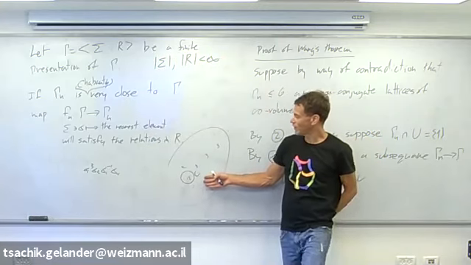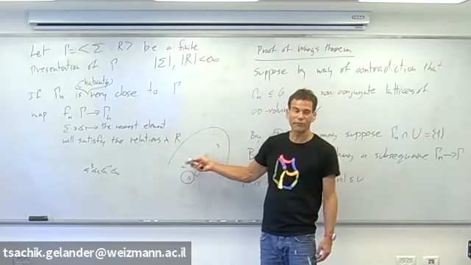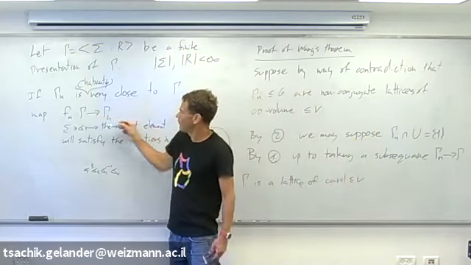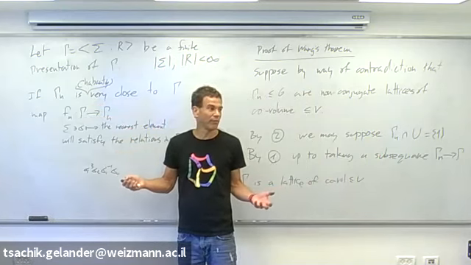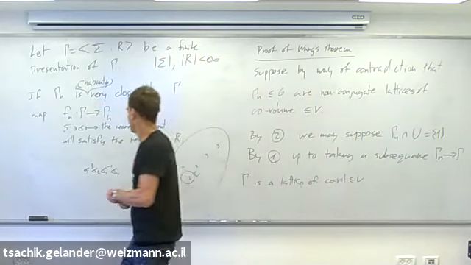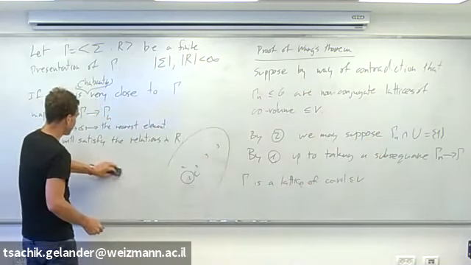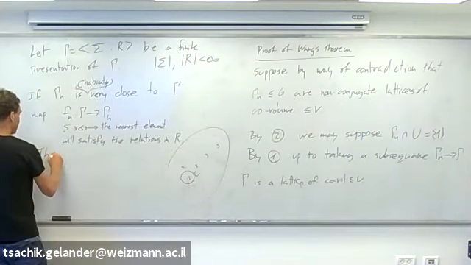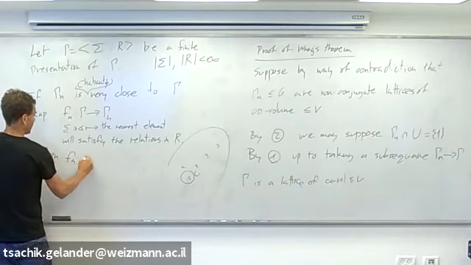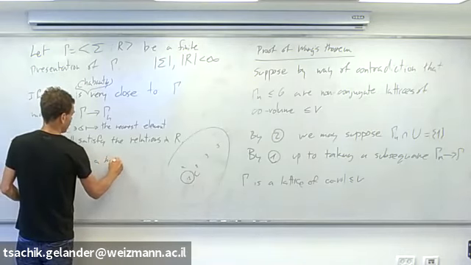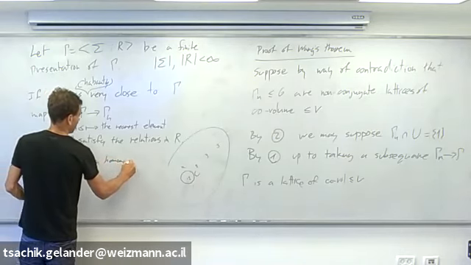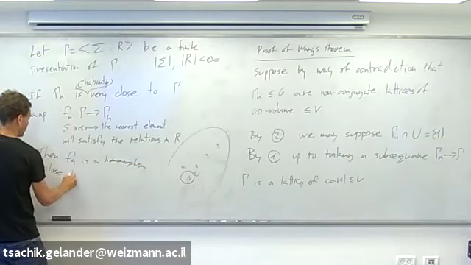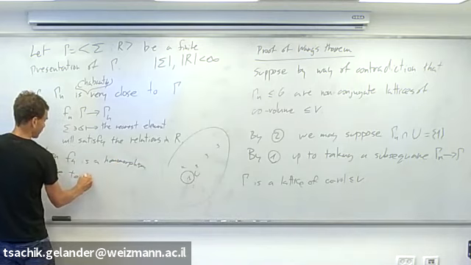And so every relation is satisfied. Once every relation is satisfied, this map, which was a priori just a map, is a homomorphism. So now we know that F is a homomorphism which is close to the identity. Then Fn is a homomorphism close to the inclusion.